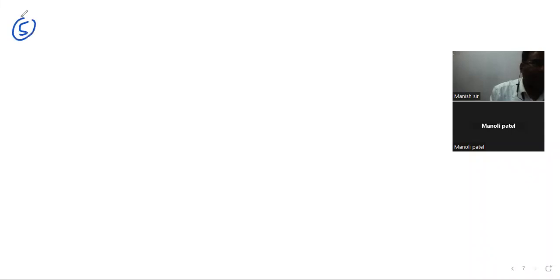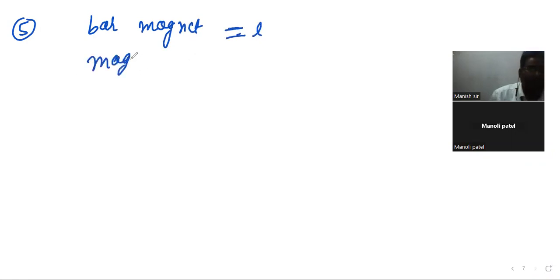Let's see question number 5. A bar magnet of length L and magnetic dipole moment M is bent in the form of an arc.